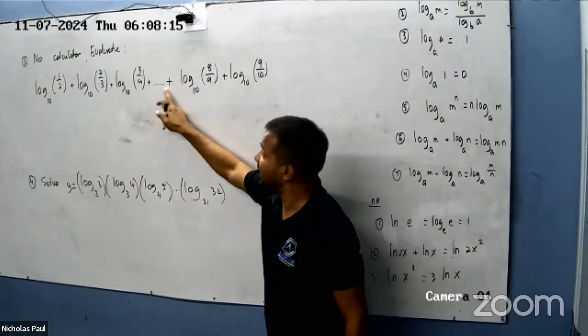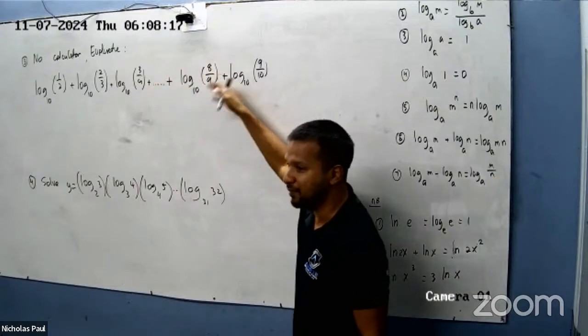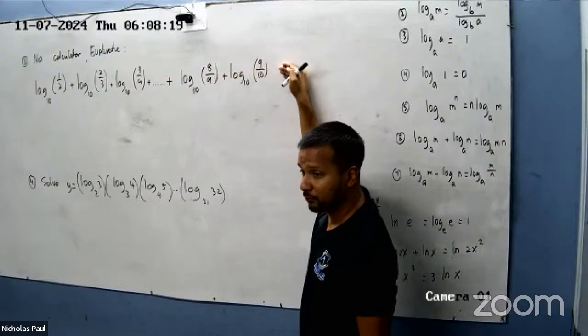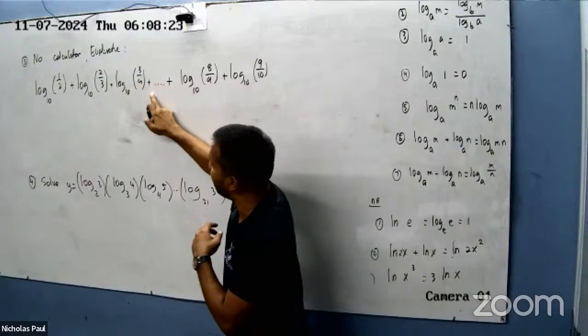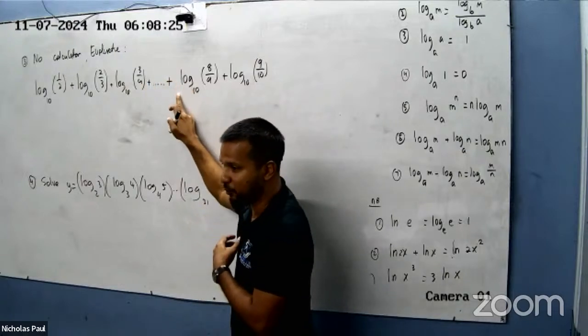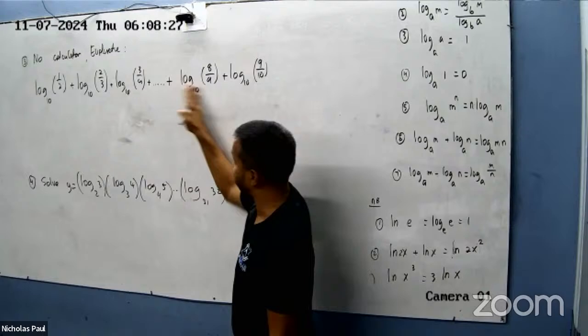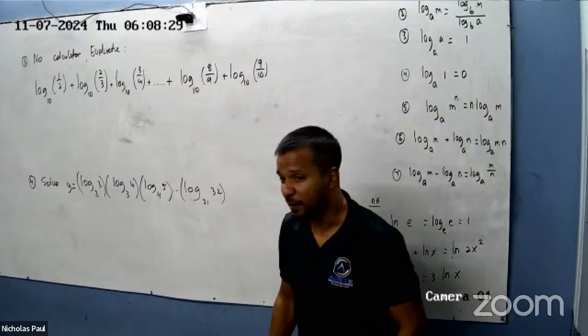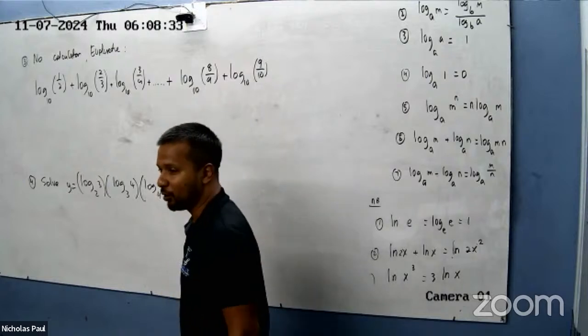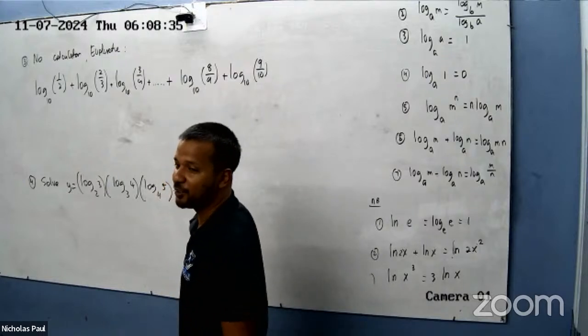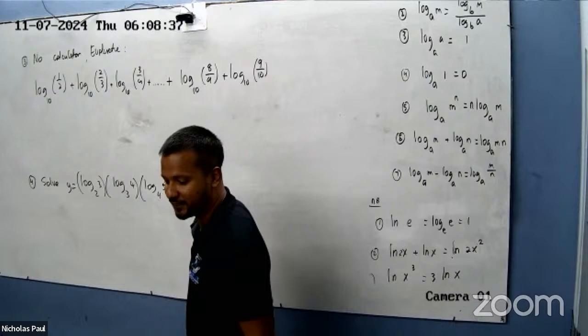But I left it out because it's just following the same pattern. I don't want to write 5 and 6, 6 and 7, and so on. But it's real simple. Let me be honest, it's about 3 lines long. No calculator.